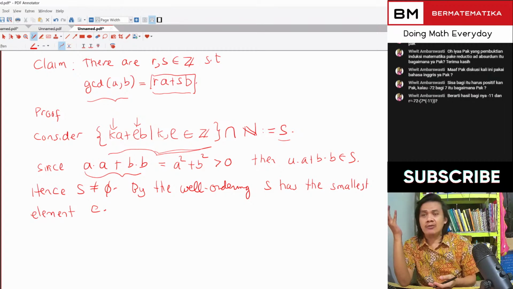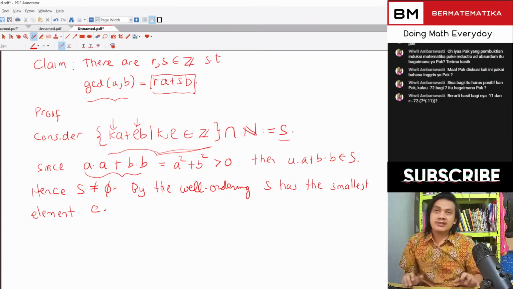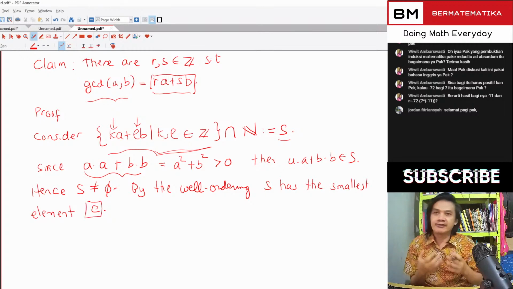So how do we show that this candidate is indeed the GCD of A and B? Then we just need to verify that this particular element satisfies the definition of GCD.